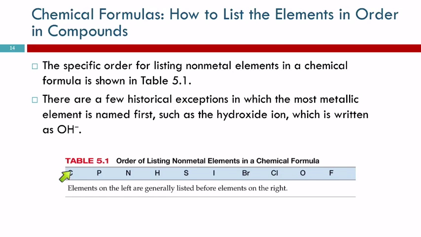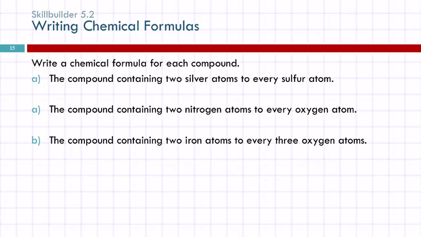Here is a specific list that is generally followed. There are some historical exceptions, like in the hydroxide ion, the oxygen is written first, but generally speaking, that's the order. And again, I'm putting it out there, but I'm not going to get you on that.